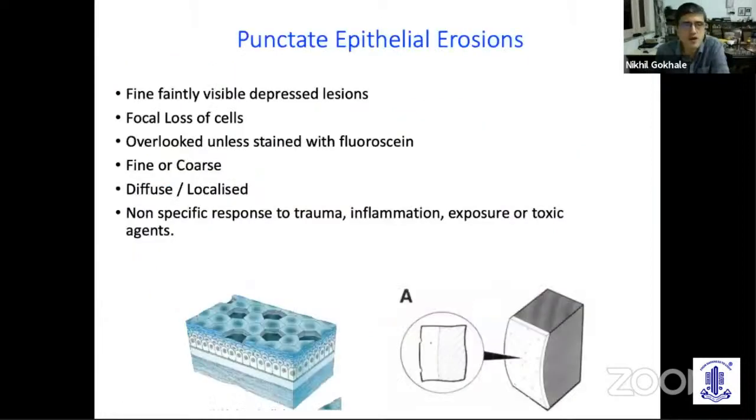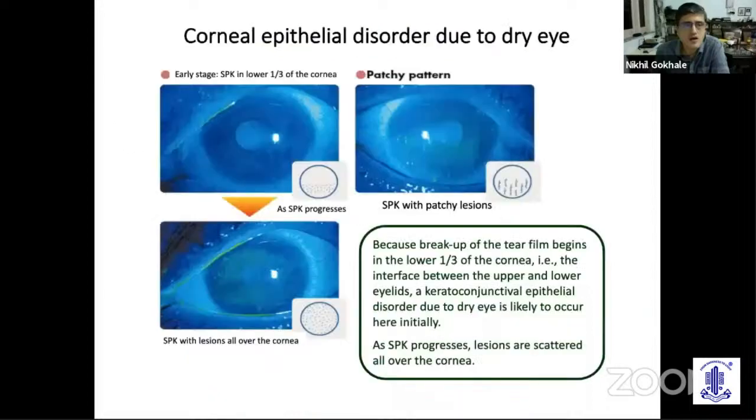As Srinivas showed us, we often look at these erosions when we do fluorescein staining. They could be very mild erosions in the lower part of the cornea or in the interpalpebral area, and then we could have very severe staining with large areas staining, and even filaments.